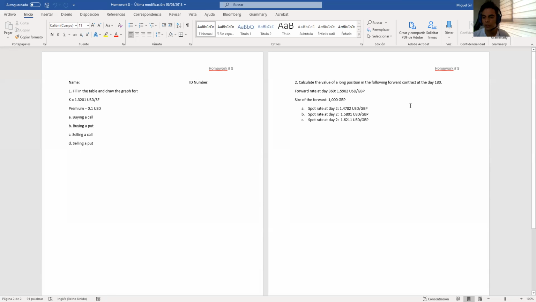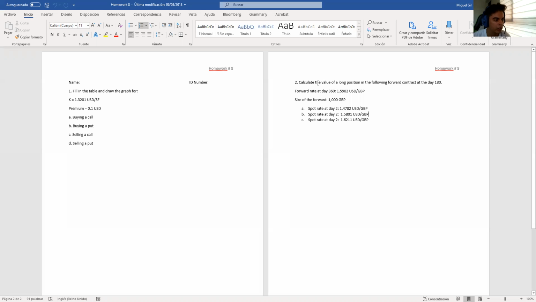We are only comparing the values against the positions. We are not caring about the value of money through time, because we don't even have an interest rate, so we can't even move it from the past to the future or the present to the future. So you can skip this. The time doesn't really matter for the purpose of this exercise, and just do as you know. Even here it says spot rate at day 2. Don't think about time, it doesn't matter.